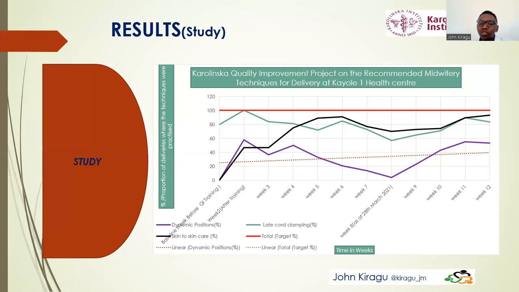So we decided to organize another workshop at week 8, to sensitize the staff who had just joined the team and the staff who had been newly employed during that time, to catch up and practice like the rest. However, none of these practices went to 100%, even at the end of the project implementation.